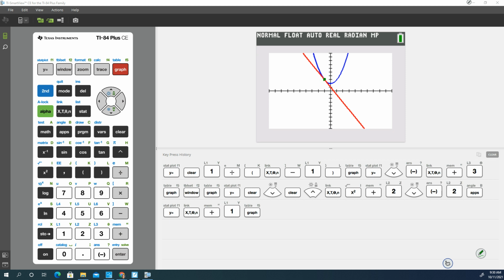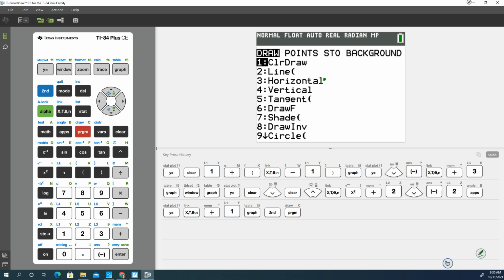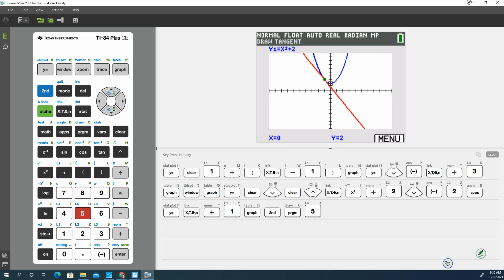All right, here's the program. You're going to hit second, and then you're going to hit the program button. So we're really going to pick the draw option. So hit second, draw. And if you see number 5 says tangent, our calculator can draw tangent lines.